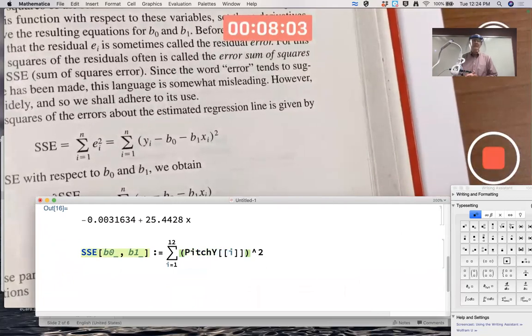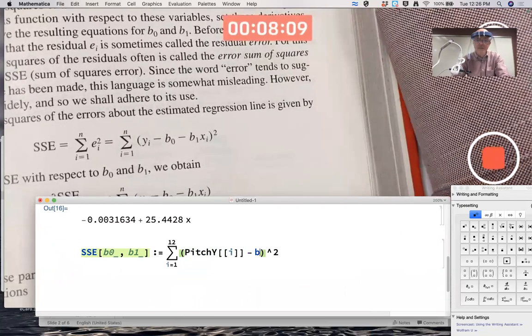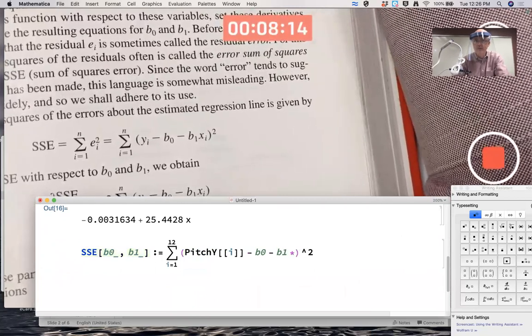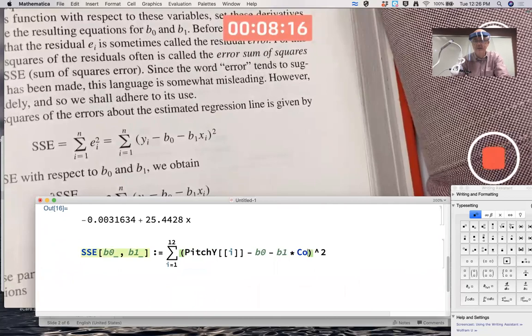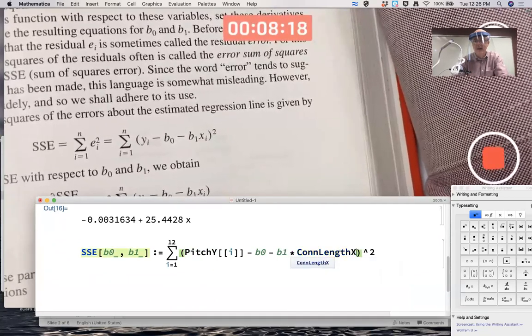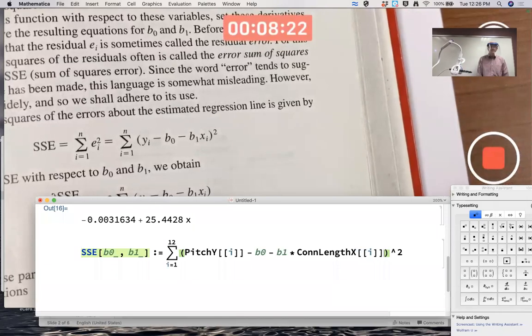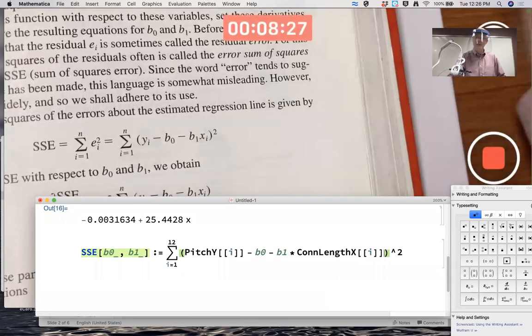That's going to give you the ith value of the list y, pitch, that I'm calling pitch y. Minus B0 is unknown, just type it as B0. B1 is unknown, type it as B1. And then xi, that's the con length x, double square brackets and an i. Excuse me. So this is the function SSE.